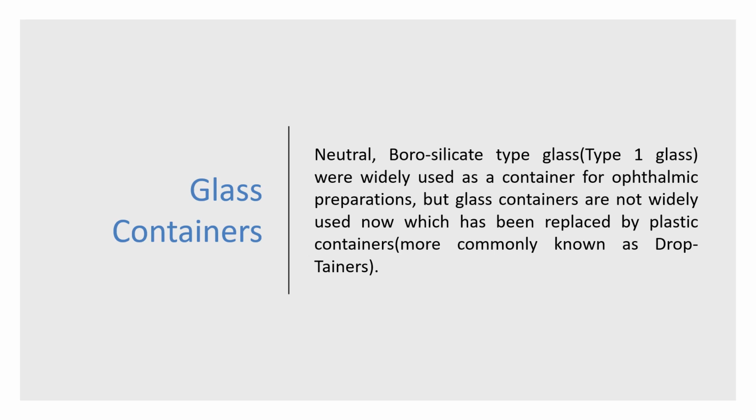They're not of much use now, as they have been replaced by plastic containers composed of LDPE, also known as drop containers. So friends, now you are clear about the packaging of ophthalmic products, the problems associated with the packaging material, and the color coding system to identify different types of ophthalmic products.